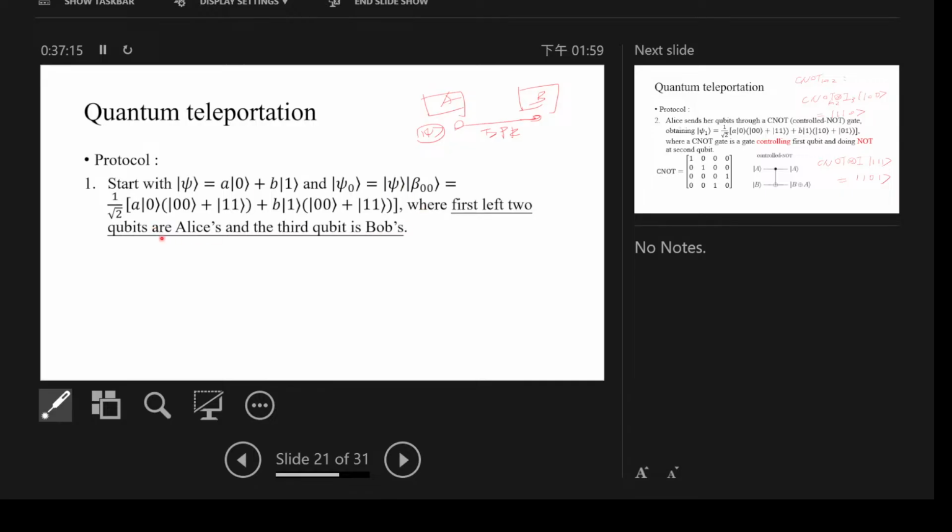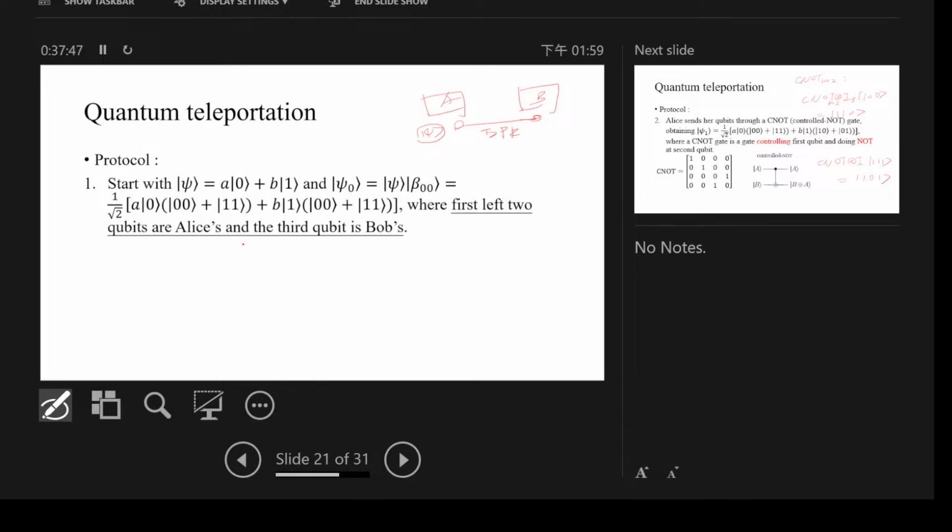If you write out everything, it is 1 over square root 2 times (a|0> + b|1>) tensor (|00> + |11>). Remember, at the start of the protocol, Alice has two qubits: the unknown qubit and one part of the EPR pair, and the third qubit Bob has, the second qubit of the EPR pair.